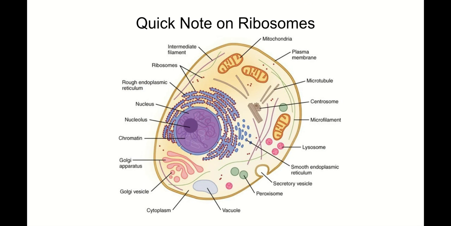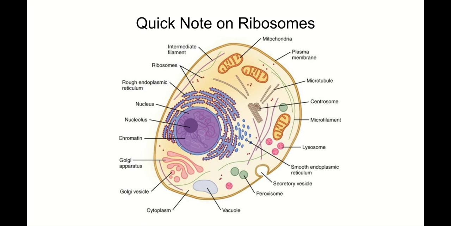Okay, the other thing that I talked about this morning had to do with ribosomes. So just a quick note on ribosomes. We know that ribosomes are involved in the translation of mRNA into amino acids, and a chain of amino acids folds into a protein. But what I want to make clear here is that ribosomes in eukaryotic cells can be found in two locations.